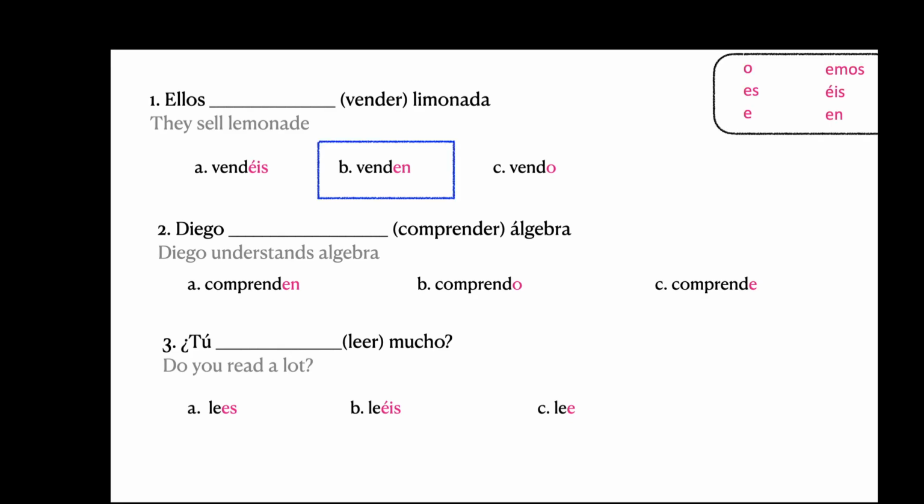Hopefully you said venden. Ellos venden limonada. Número 2. Diego comprender álgebra. Diego comprende álgebra. Número 3. Tú leer mucho. Tú lees mucho.